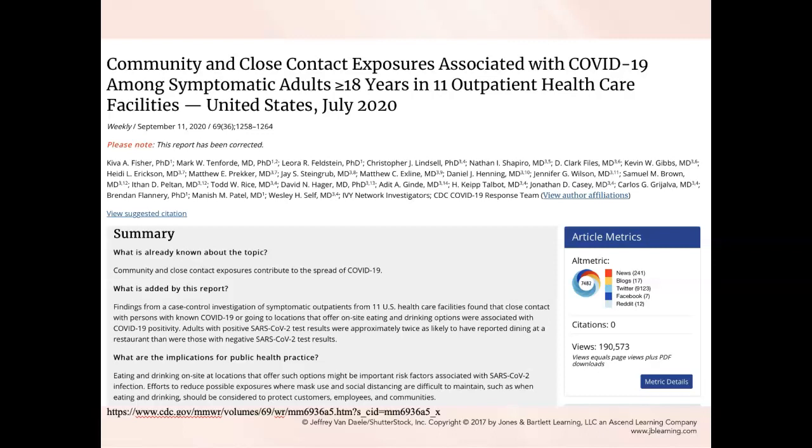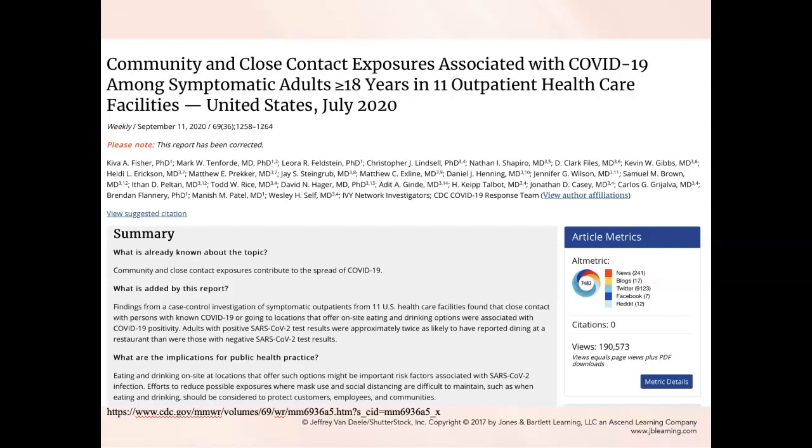So what this study did is it recruited individuals who were COVID positive and compared them with a similar group of people that didn't have COVID-19. They recruited these people from outpatient healthcare facilities. And then they asked both groups of people about their prior restaurant dining behaviors.